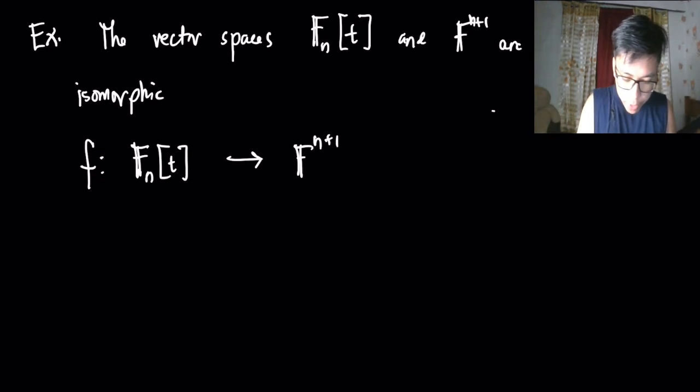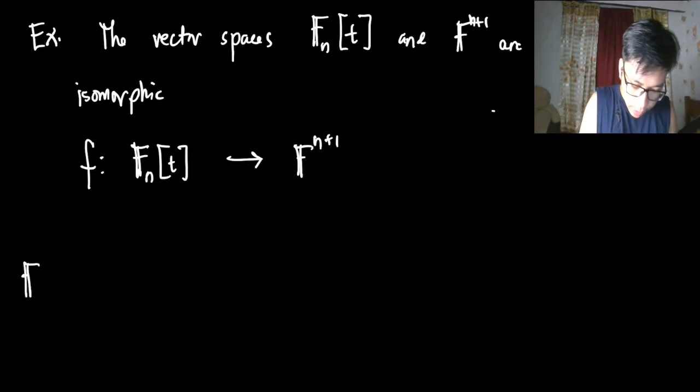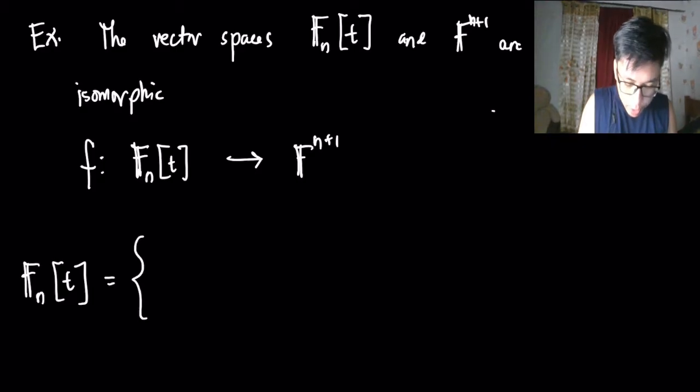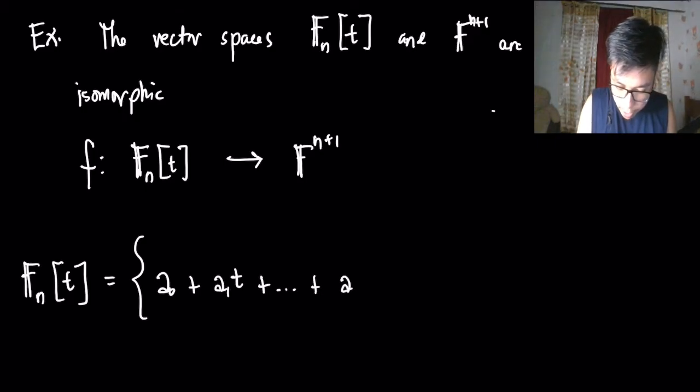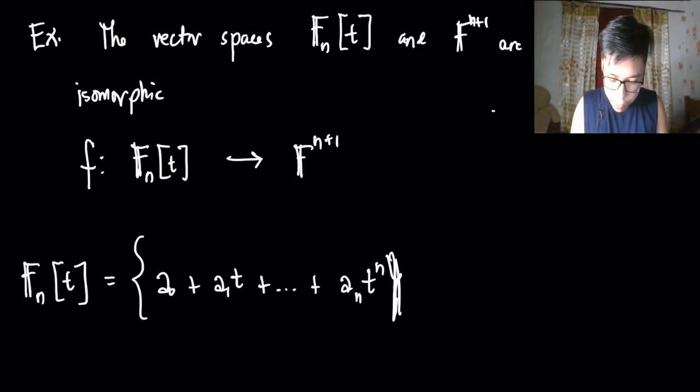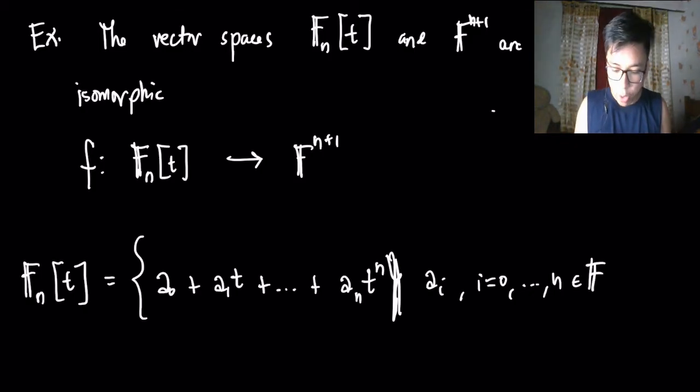So this set here is actually the set of the form a sub 0 plus a1 t plus up until a sub n t to the n, where this a sub i, with i from 0 to n, are elements from the field F. And of course, your t here is a variable.